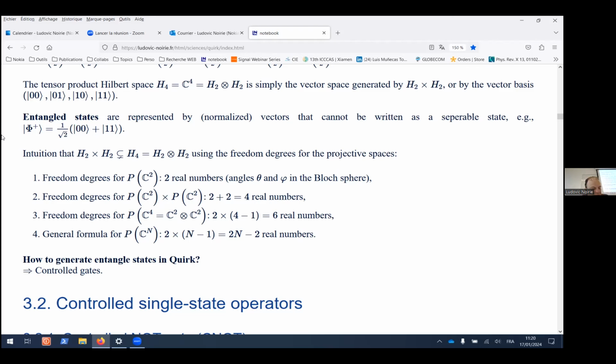But you should remember that the quantum states are defined within this Hilbert space. So you need to remove one complex coordinate, so 4 minus 1, and then multiply by 2 to get the number of real parameters, 6 parameters. So you have 6 real numbers instead of 4. So you have more degrees of freedom for the representation of the quantum vectors in dimension 4 compared to the Cartesian product of 2 Hilbert spaces of dimension 2.